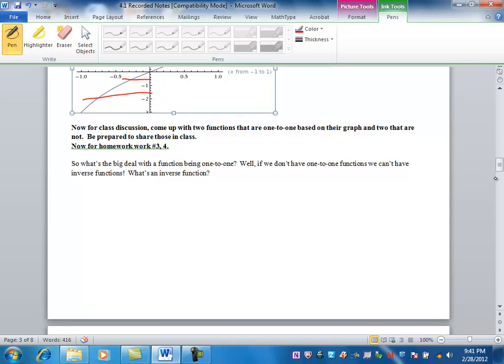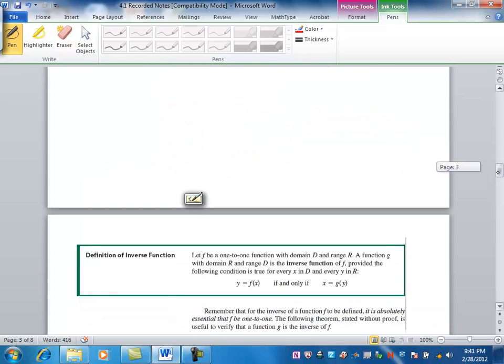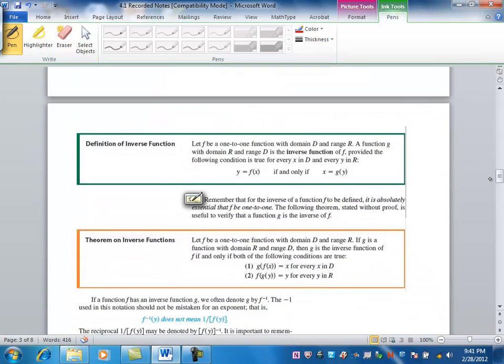So what's the big deal about a function being one-to-one? Well, if a function's not one-to-one, it can't have an inverse. And what's an inverse function? Well, boy, I'm glad you asked.